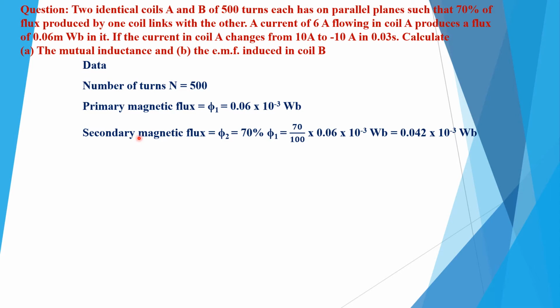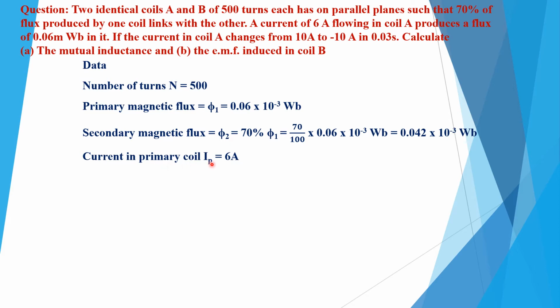And the secondary magnetic flux, that is the magnetic flux through the secondary coil, phi2, is equal to 70% of phi1, that is 70 divided by 100 into phi1, and by solving we get phi2 is equal to 0.042 exponent minus 3 webers.